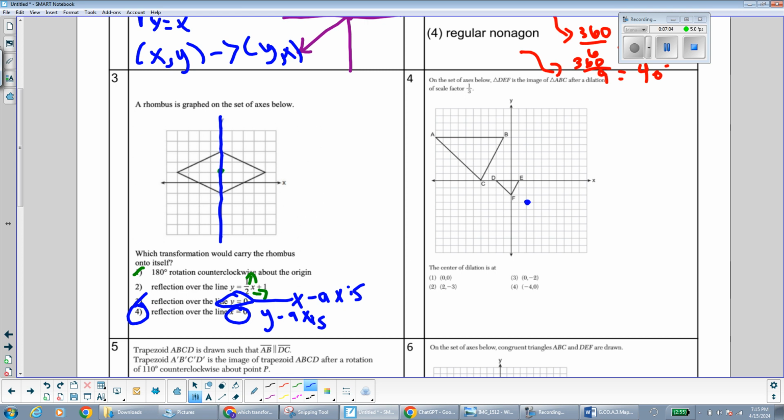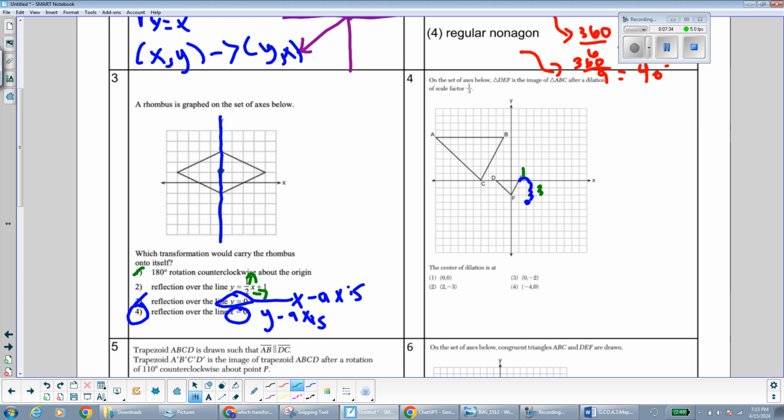Let's count distances. I'm going to compare B to E because B matches up to E. B is the pre-image and E is the image. So 1, 2, 3 up and 1 over. If that's 3 up and 1 over, if this is the center, then I should expect the distance to be 3 times 3 is 9, and 1 times 3 is 3.